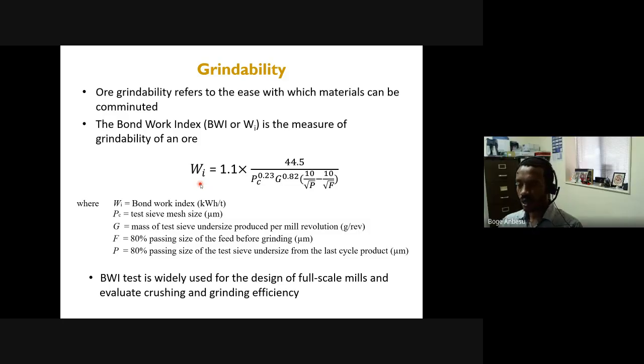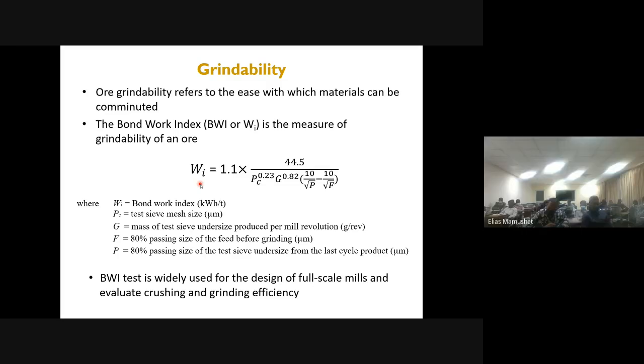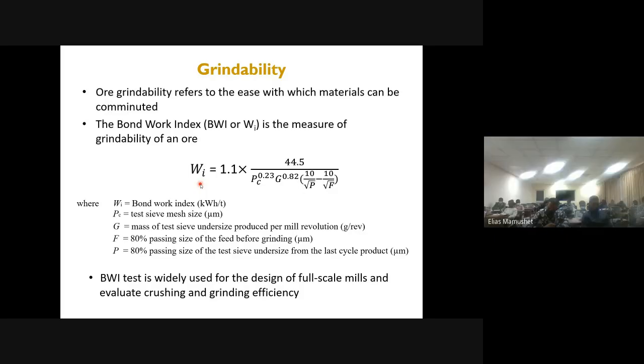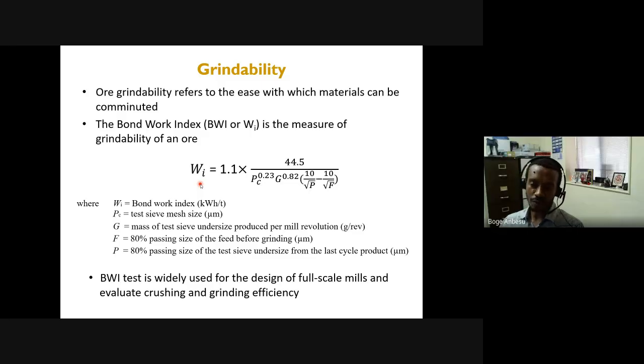Maybe the rock is too hard, maybe the rock is soft, maybe the rock is intermediate, but that can be predicted during feasibility studies by conducting proper metallurgical assessment, and part of that includes grindability. To do that, as I said, you can use standard methods developed by Bond, for example, and then that can dictate what kind of grinding mill you're going to buy for your processing plant.